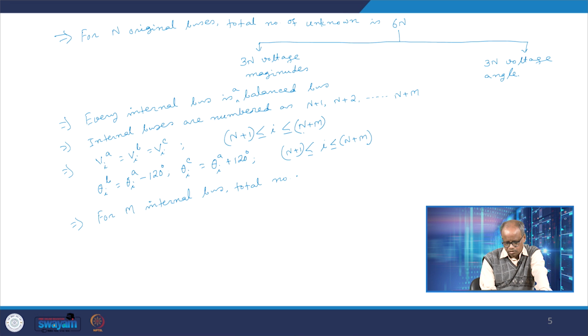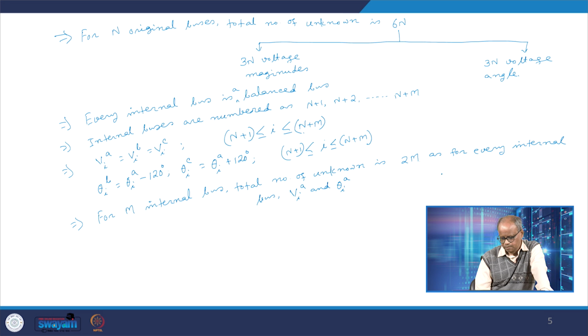So the total number of unknowns is 2 into m, as for every bus VIA and theta IA are the only unknown quantities.